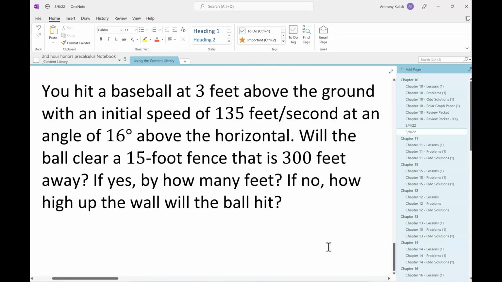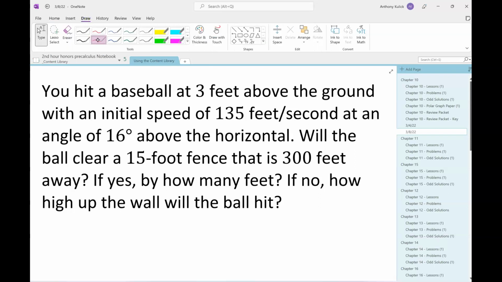You hit a baseball at 3 feet above the ground with an initial speed of 135 feet per second at an angle of 62 degrees above the horizontal. Will the ball clear a 15-foot fence that is 300 feet away? If yes, by how many feet? If no, how high up the wall will the ball hit?